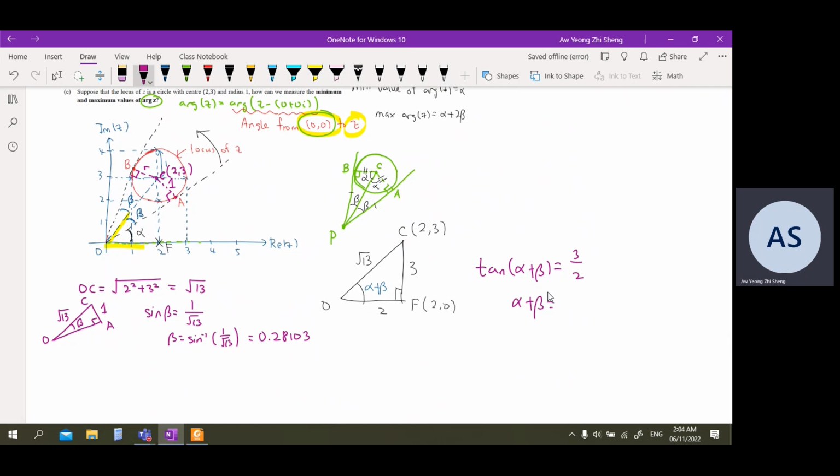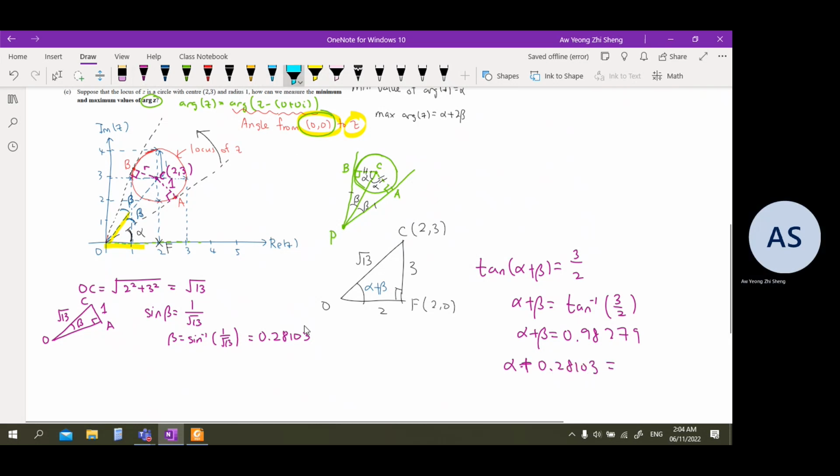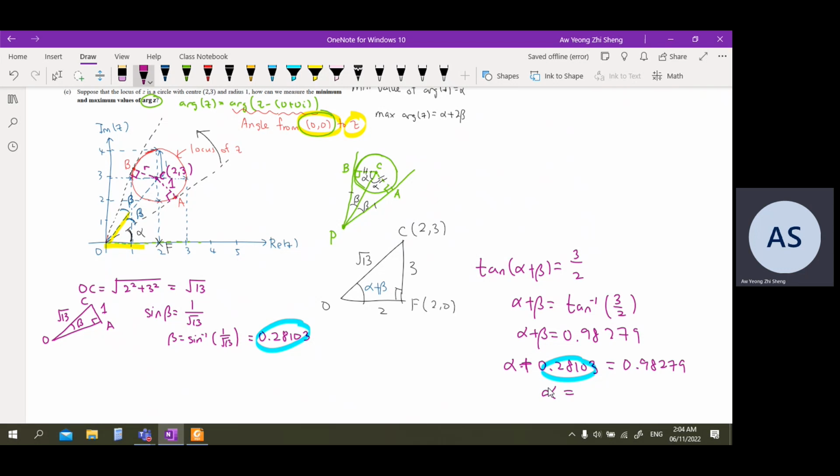So alpha plus beta is inverse tangent of 3 over 2, which is 0.98279. Now we know beta is 0.28103, so you can put in the 0.28103 that we got earlier, and from there you have alpha.